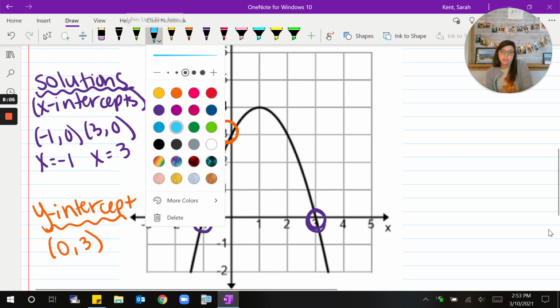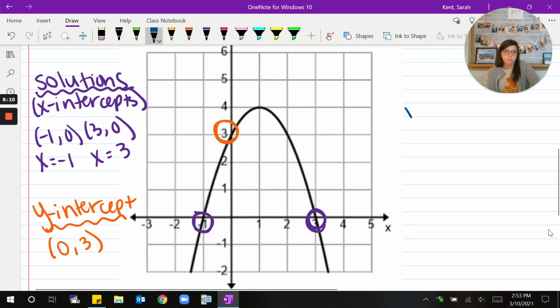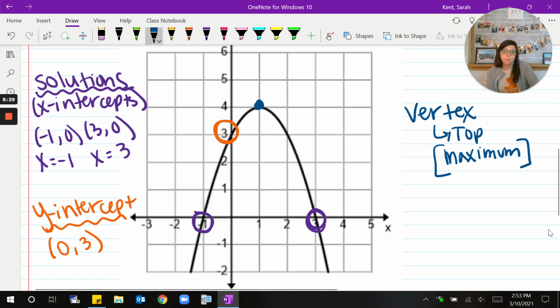I also need my vertex. And on this graph, this one's at the very top. So this vertex here is the top. So it would be called the maximum. And the point for this vertex is at (1, 4).